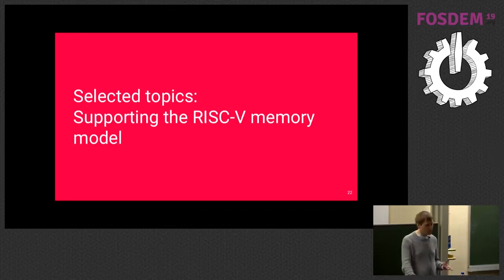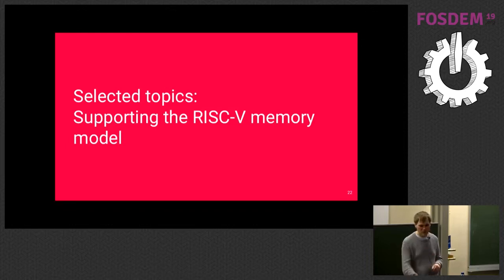And so what do you need to do to support that in the compiler? The basics of it are relatively straightforward, because with the C11 and C++11 memory model, there are a number of primitives such as atomic add, atomic subtract, atomic load, each with different memory orderings specified by the programmer.